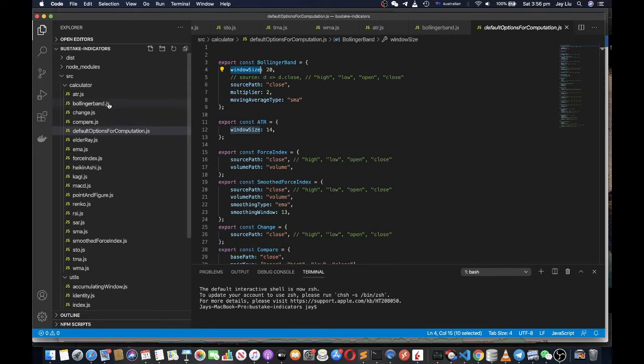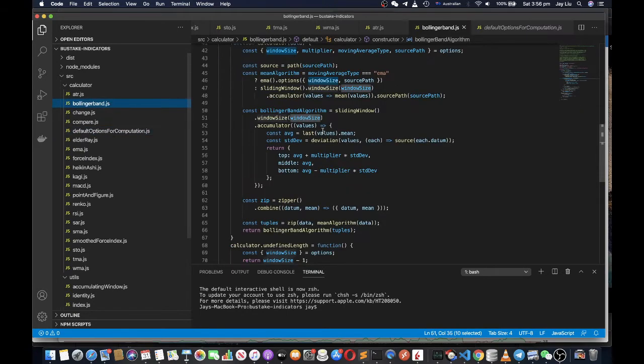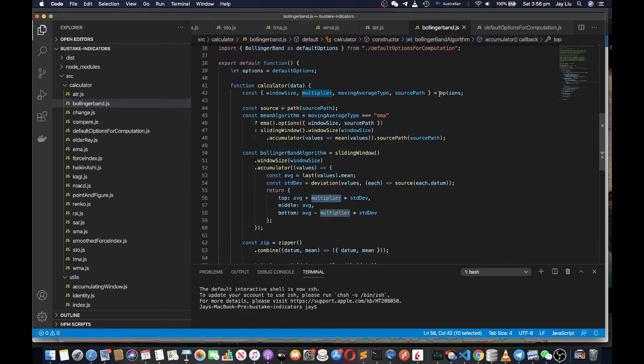Okay, we come back. So the top value is from the average value, the mean, and then it plus multiplier. What's the multiplier? Let's see. I think it's from an option.